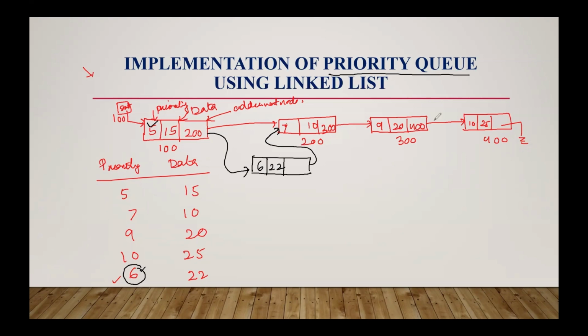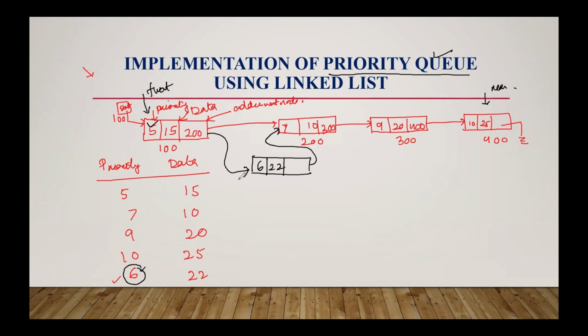Remember, in a priority queue, we can think of this as the front and this as the rear. But here it is not like that, because from the rear side we are not going to insert the data. We insert the data as per the priority value. If it is a simple queue, then this node will be linked to this value.